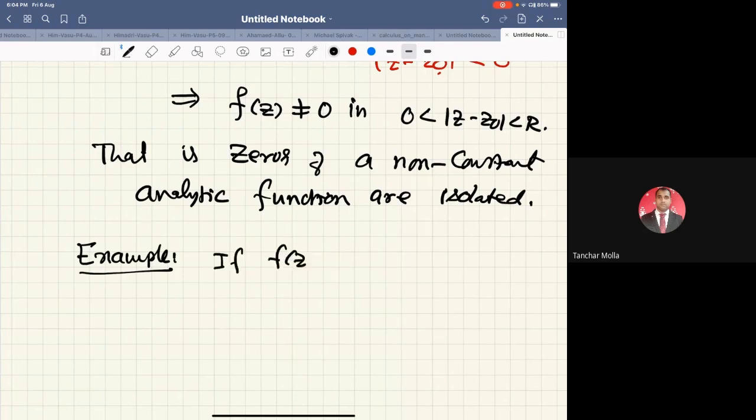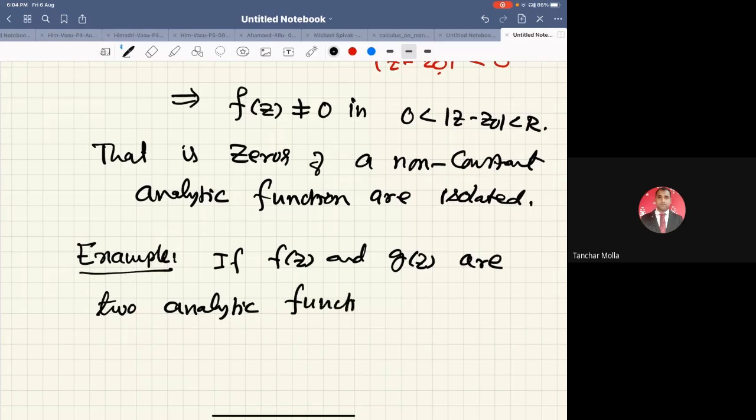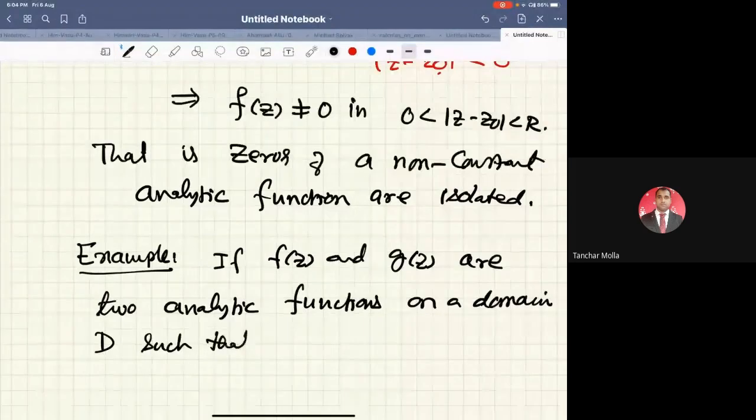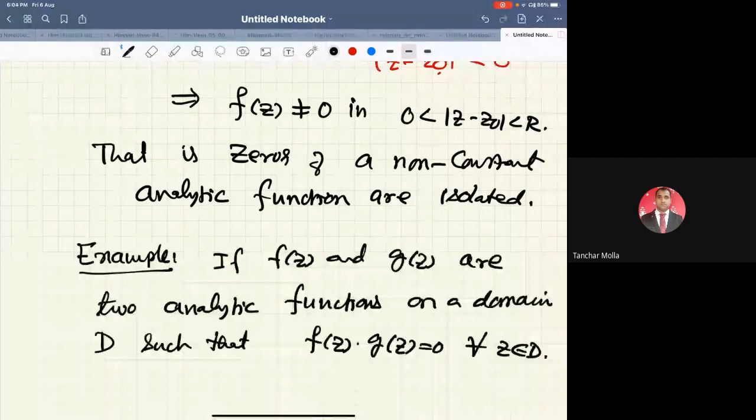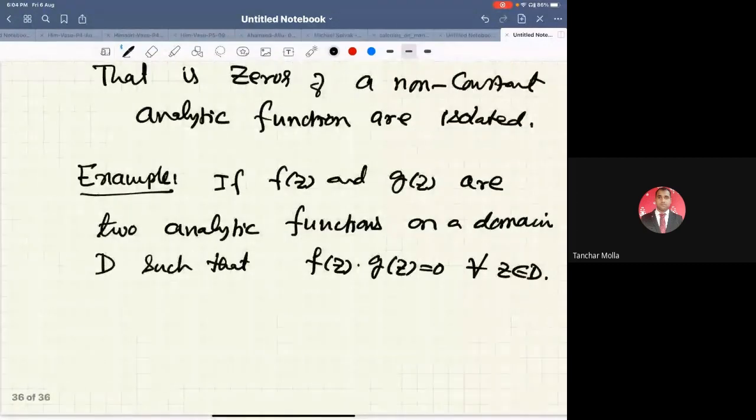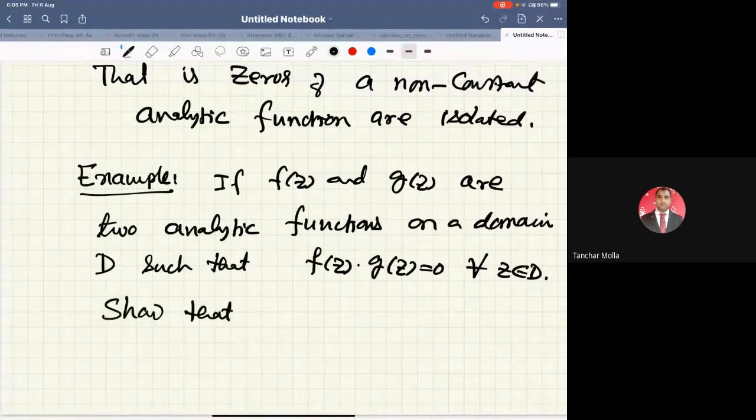If f of z and g of z are two analytic functions on a domain D, such that f of z into g of z equals 0 for all z belonging to D, show that either f is identically 0 or g is identically 0.